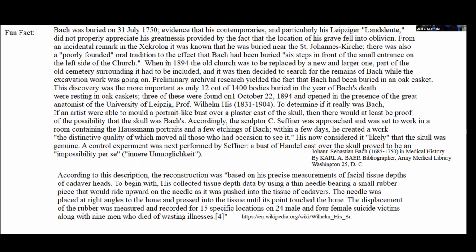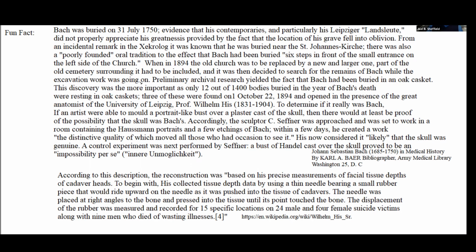Interesting question was, how do you do a control? What would you do for a control? And so this is rather sort of odd, but here's the control experiment. Pick someone else whose image is well known and see if you could make the same sort of image from what you think of as Bach's skull.